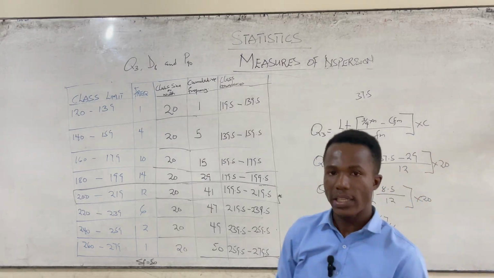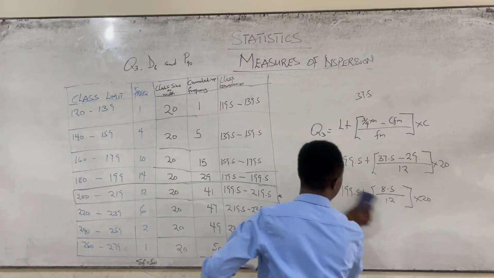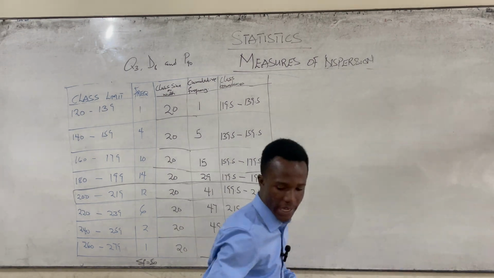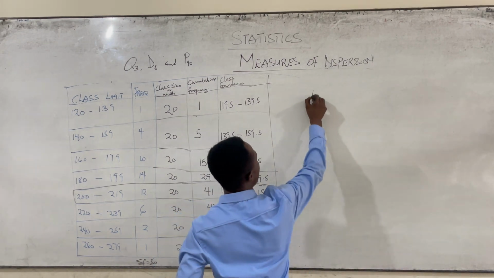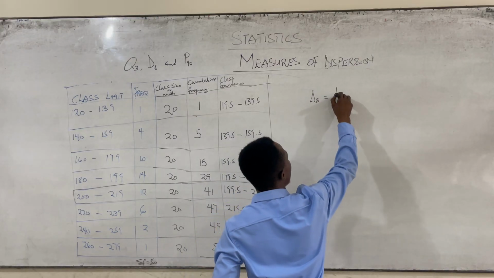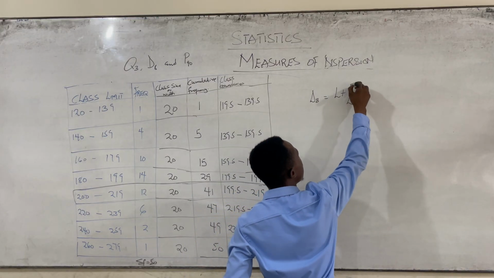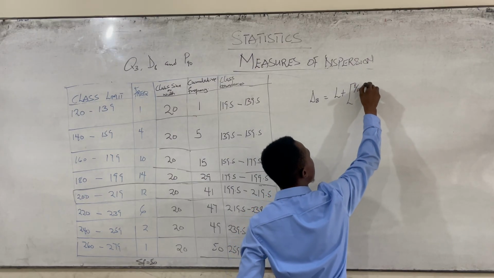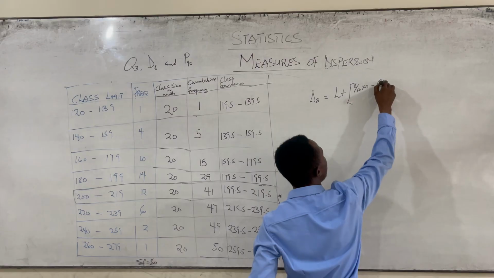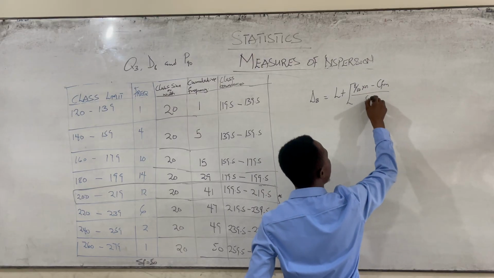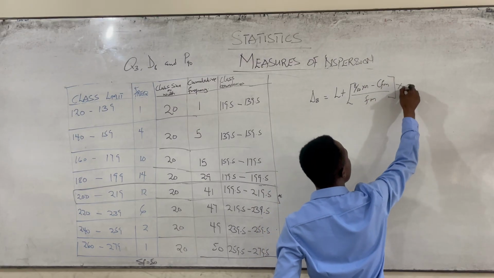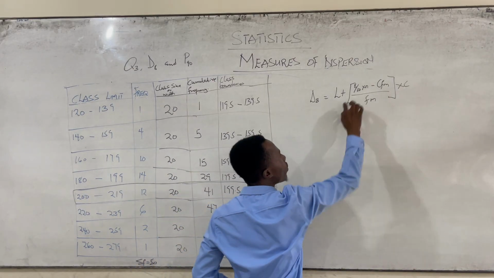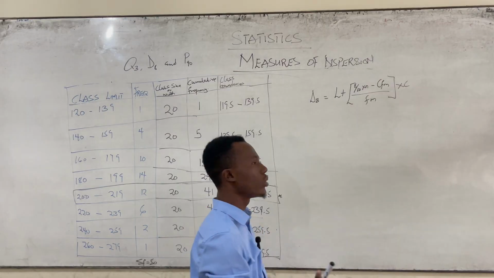Let's quickly look at the 8th decile as well. The 8th decile. Now for the 8th decile, the same formula. We say D8 equals L plus, here the decile is out of 10, so it will be 8 over 10 times N minus CFM over FM multiplying the C. Now here we have to calculate this one first to know the class that we are going to deal with.